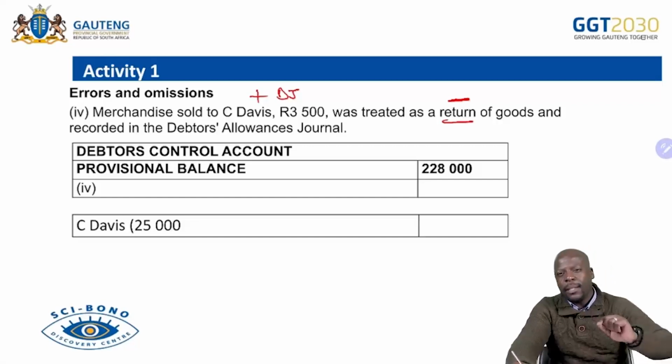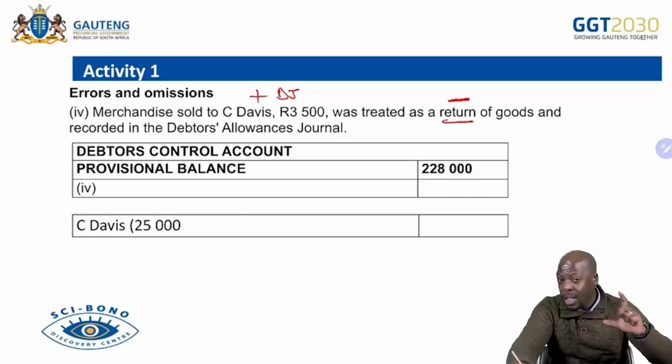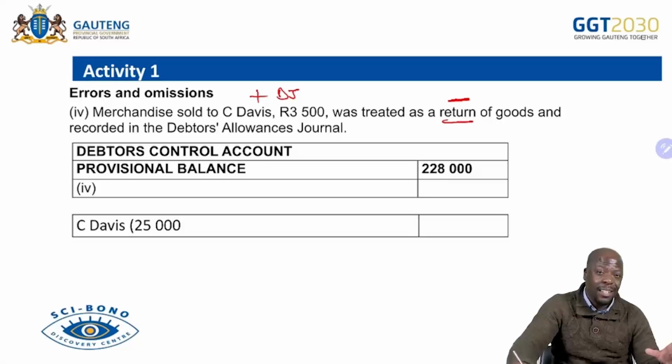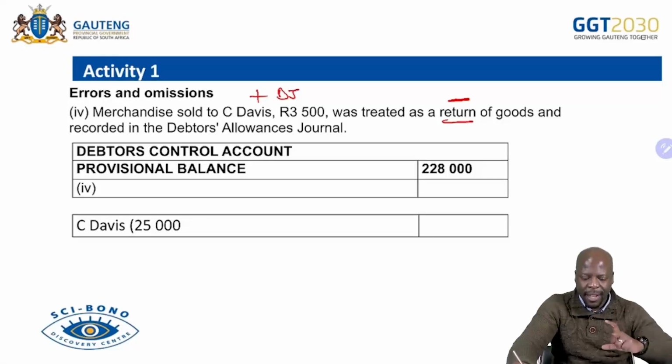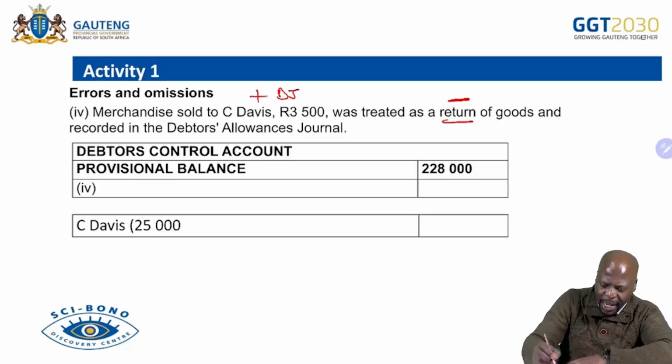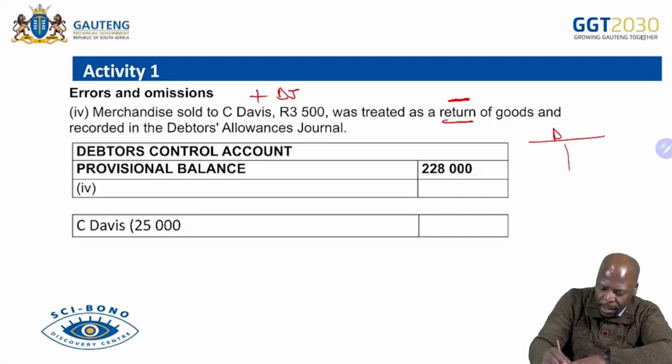And remember what I said in that box? I want to take you back again. If you record an amount on the wrong side, what then do? You put it on the right side twice. In other words, if I'm to show it to you again, remember what happened here. If I am in the debtor's control, here's my plus and here's my minus.